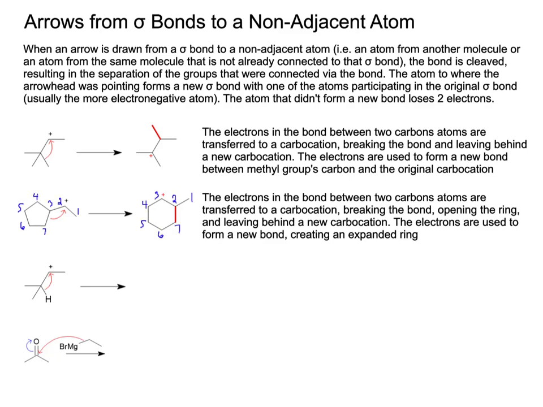I know that may be a little bit difficult to process at this point in your study of organic chemistry, so I've gone ahead and numbered the carbons on the molecule on the left and the molecule on the right, so that it's easier to figure out which atom connects to which atom and which bond is broken. You can see that in the original molecule, carbon 3 was bonded to carbon 7.